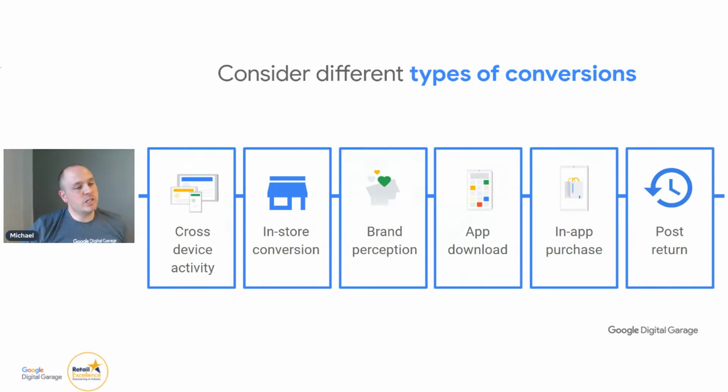The next one, guys, is brand perception. What do your customers actually think of you? What are they saying? We all know word of mouth is as strong as ever. It's just changed slightly, word of mouth across social media. But you can actually track your brand being mentioned with keywords and phrases.